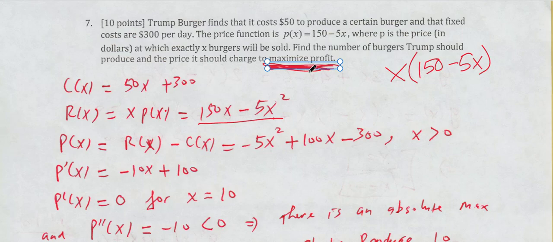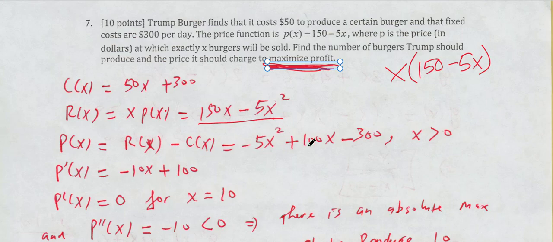Now to maximize the profits, or to find a local max or local min, we need to find a critical point. So to find a critical point, we find P prime, the derivative of this profit function, and I can do that by using the power rule. Bring down 2, so minus 5 times 2 is minus 10x.